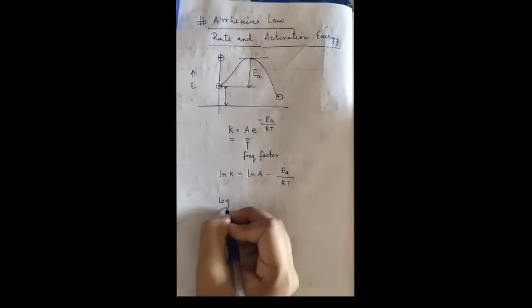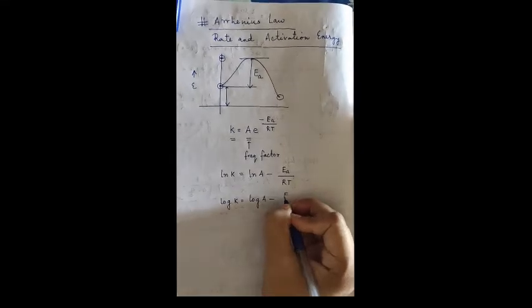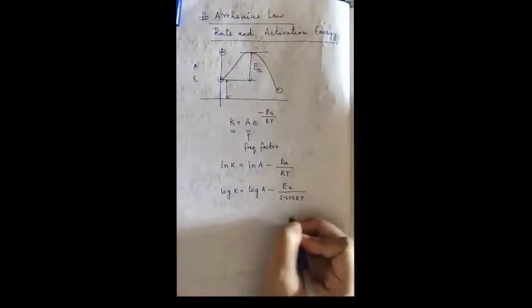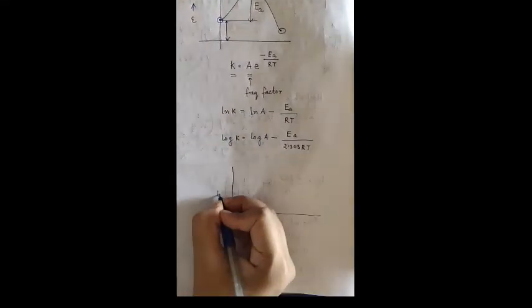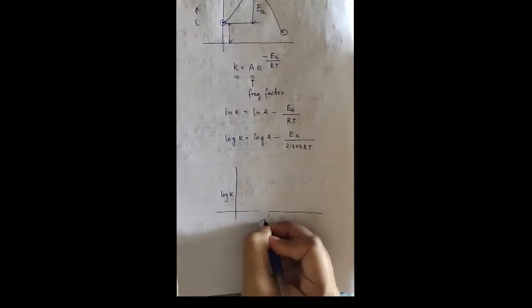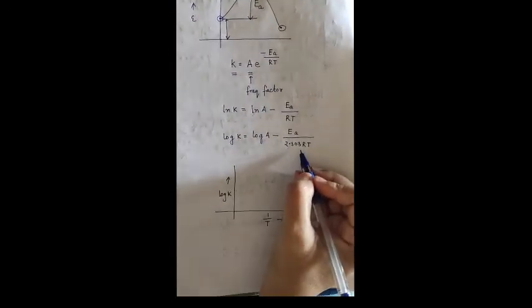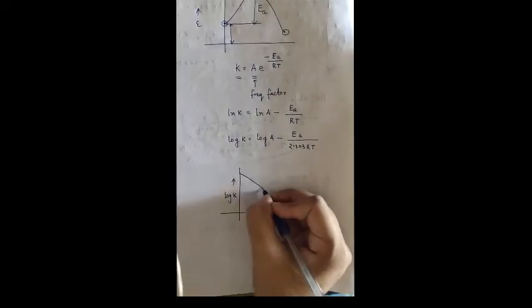So what is it coming? 2.303 by K log 2, and 2.303 into log 2 is 0.693 by K. So for a first order reaction, t half is equal to 0.693 by K. This is the half-life of a first order reaction.